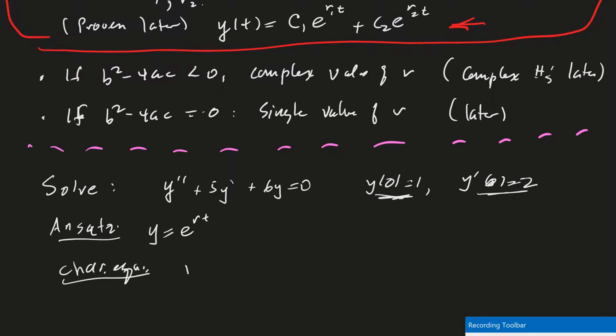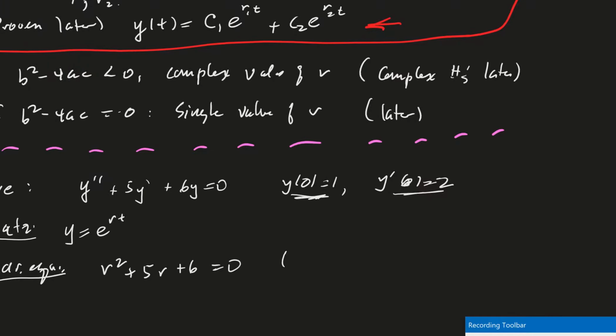The characteristic equation will be r squared plus 5r plus 6. That's easy to factor. Does that do it? 2r, 3r, 5r, 6, good. So r is equal to minus 2, minus 3. Good.